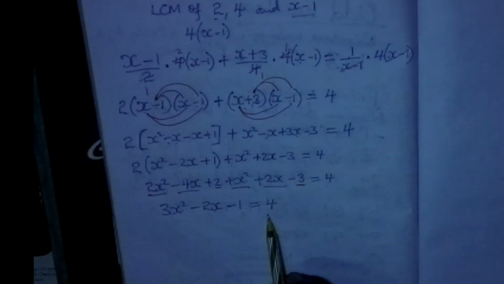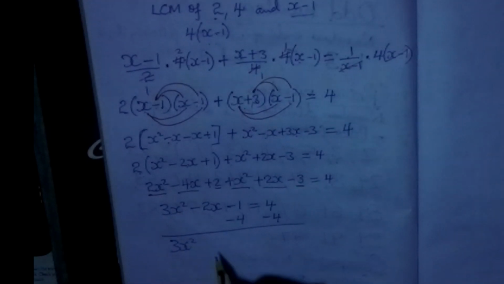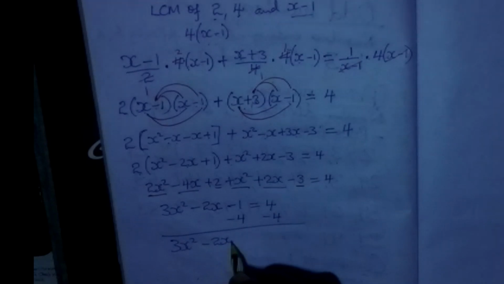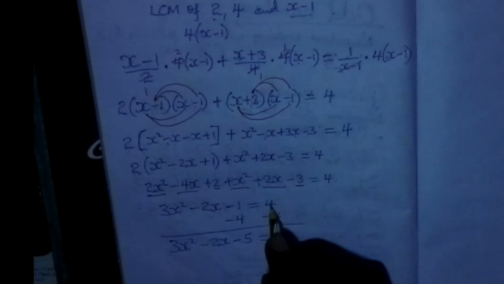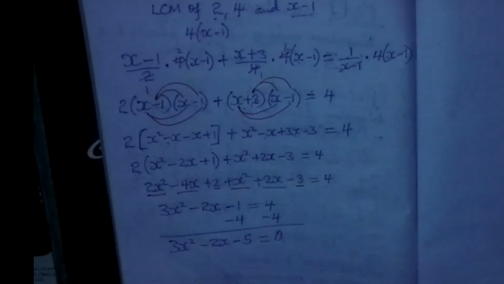In this case, we want to make the right hand side equal to 0, and therefore it's forming a quadratic equation. So we subtract 4 on both sides, and therefore we shall get 3x squared minus 2x minus 5 equal to 4 minus 4, 0.